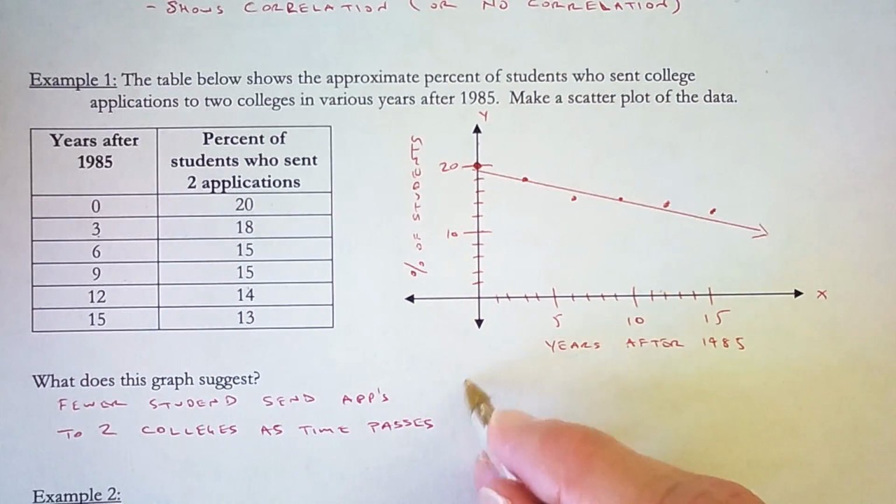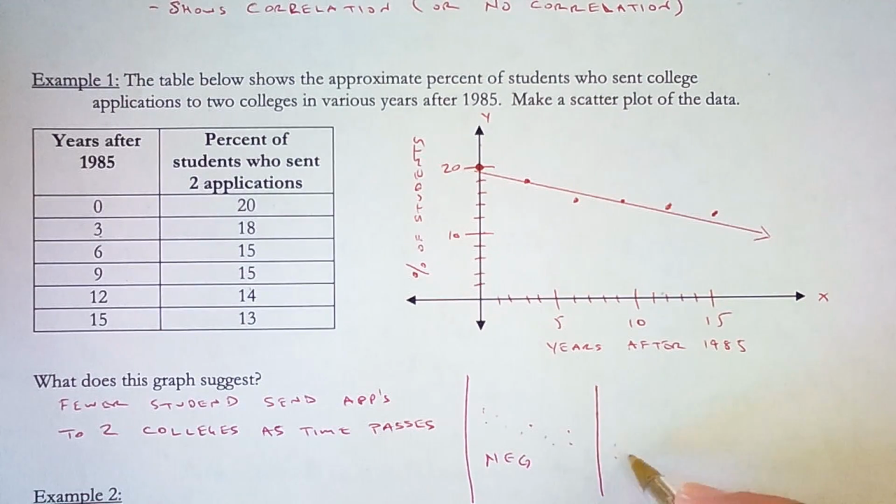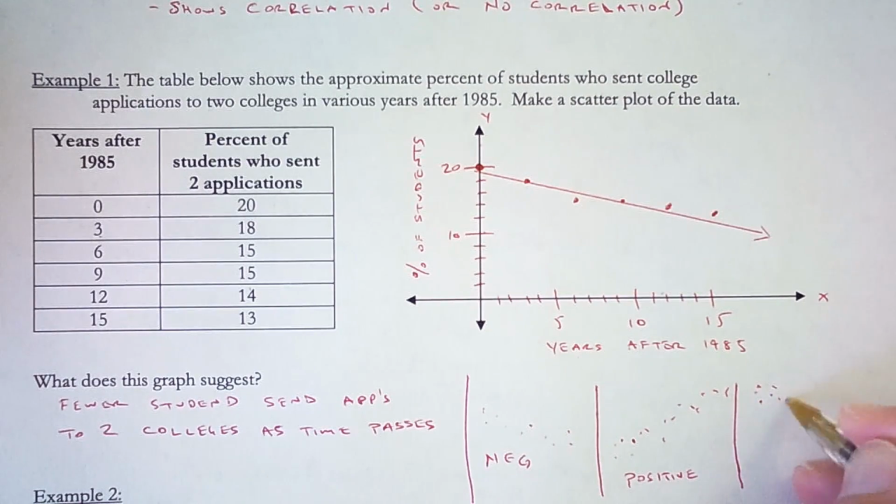So I'm going to make a little note here that if your data seems to be doing this, there is a negative correlation. If your data is doing this, there is a positive correlation. You could have data that's just kind of in a horizontal line like this, and that is constant correlation.